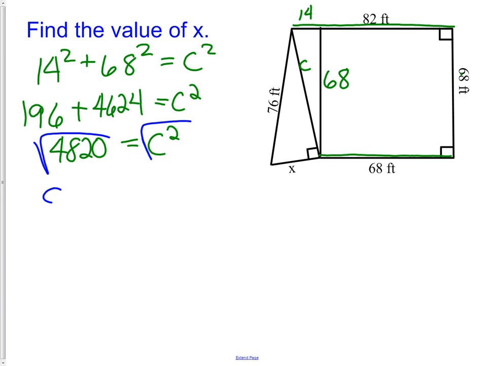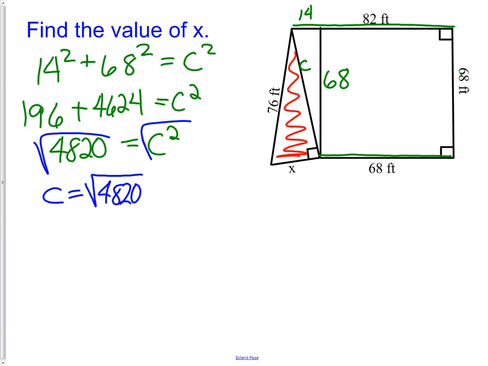So c equals the square root of 4820. Let's just leave that exactly as it is, because we don't need the decimal. That actually becomes a little bit more challenging. If we now look at our picture, we now want to use the red triangle.